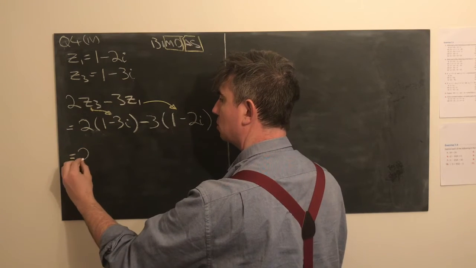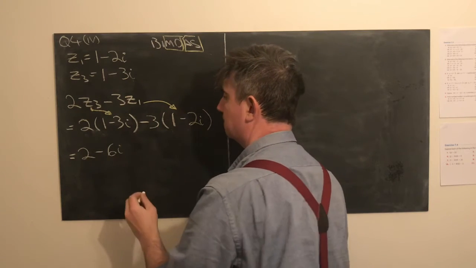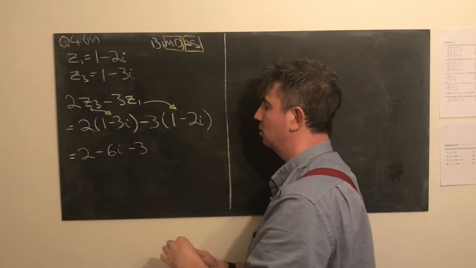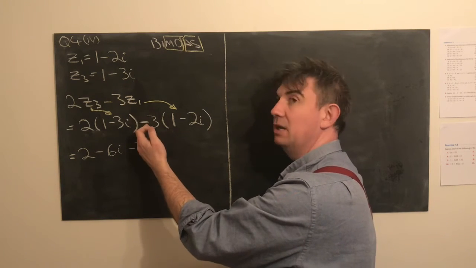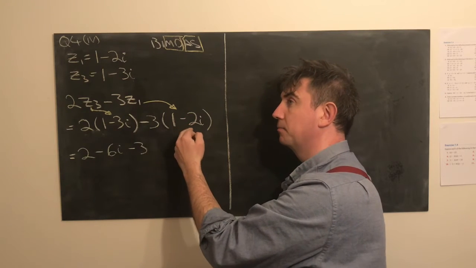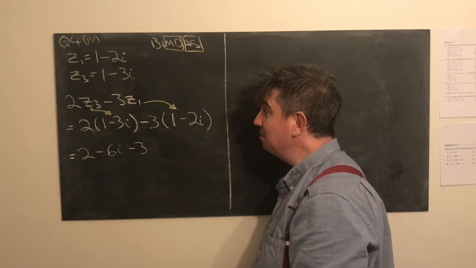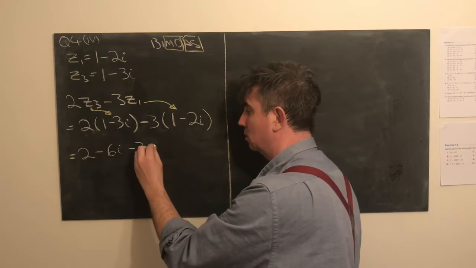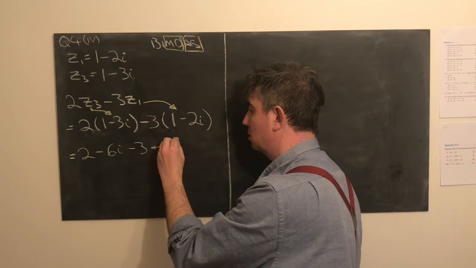It's going to be 2 minus 6i, minus 3. Now, minus 3 by 1 is minus 3. Minus 3 by minus 2i, what's that? Plus 6i.